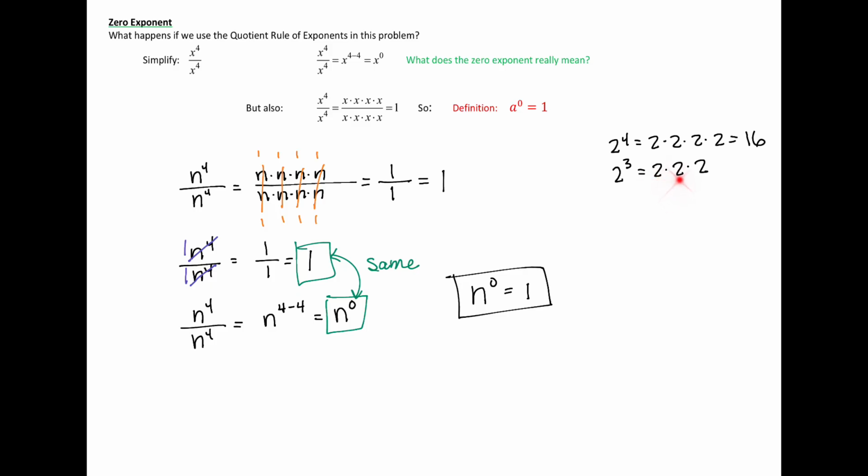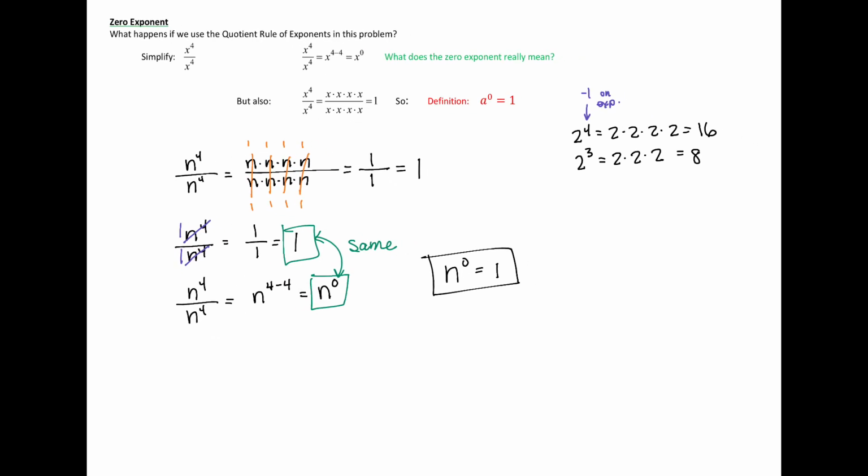So 2 times 2 is 4, times 2 is 8. All right, so far, what I've done is subtracted 1 on the exponent. And what that does over here on the end is I divide by 2. 16 divided by 2 is 8. And the reason that works is because this had 4 2's, this only has 3, so I got rid of 1. By getting rid of 1, I divide by it.